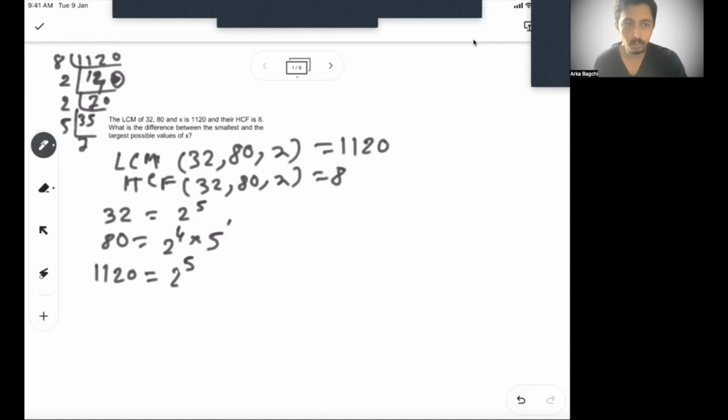So 8 into 2 into 2, where 8 is 2 cube and then two more 2s, gives 2 to the power 5. So 1120 is 2 to the power 5 into 5 into 7.